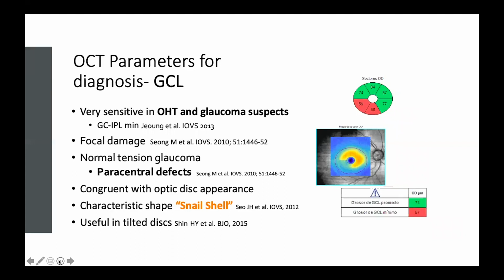But because the soma is at the end of the neuropathy, we also always need to look for a certain sense with the optic disc appearance. And the shape that it characteristically has has been called a snail shell appearance, like you can see here on the screen. And it's also been useful as complementary information when we see a tilted disc.